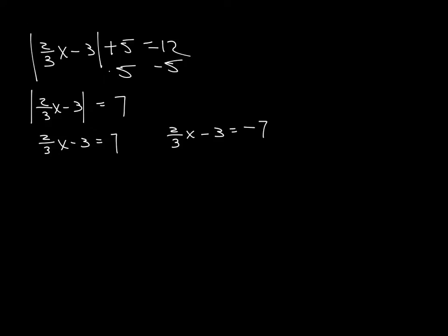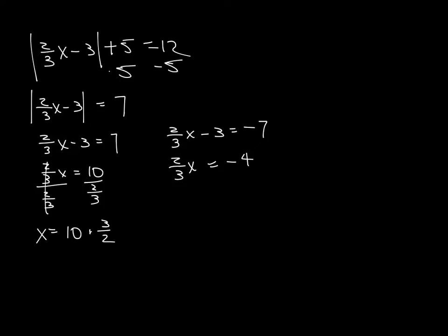We're going to add 3, and add 3. Okay, we're going to divide both sides by 2/3. And we get x equals, remember to invert and multiply when it says divide. Oops.